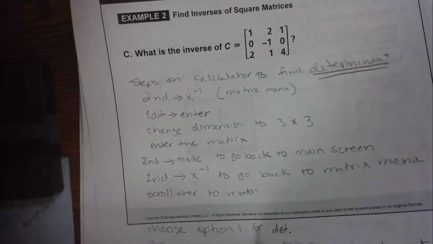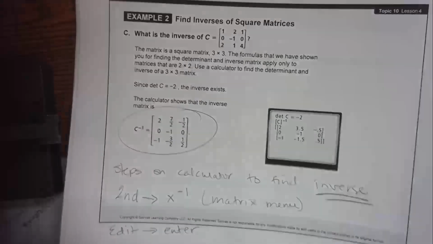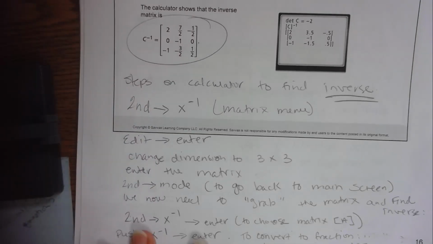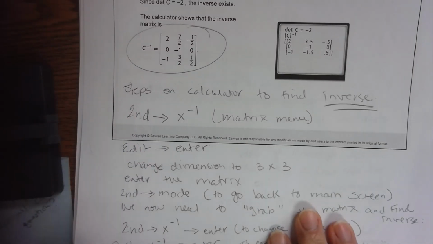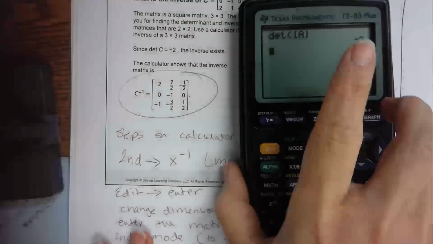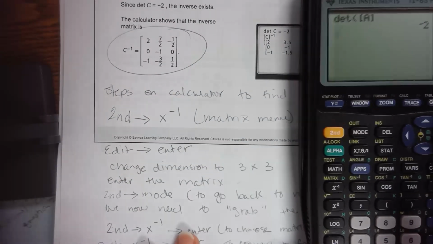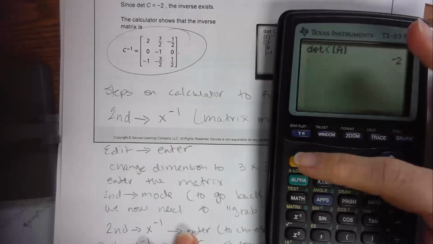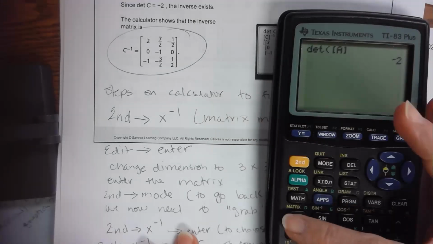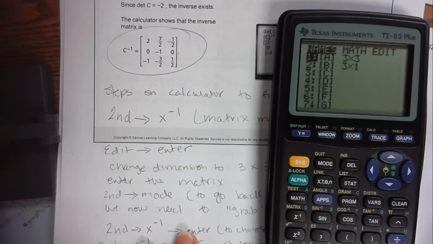Okay, so the next thing we are going to find is the inverse of that same matrix, and it's just another menu, another option. So we already have matrix A entered and everything, so go second, and then go back to the matrices.